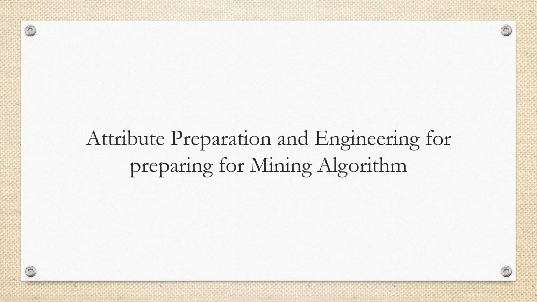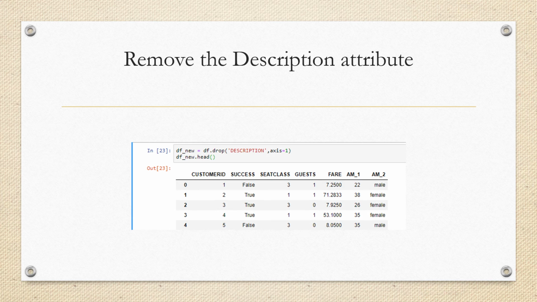After we finish the metadata exploration, we want to do some predictive analysis. However, before predictive analysis, we need to do some attribute preparation. Let's think about what attributes we need to analyze.